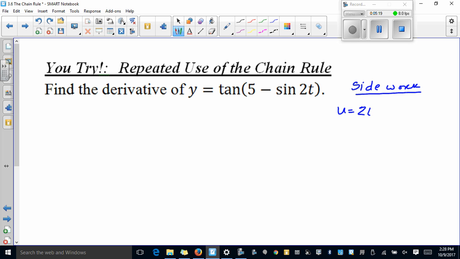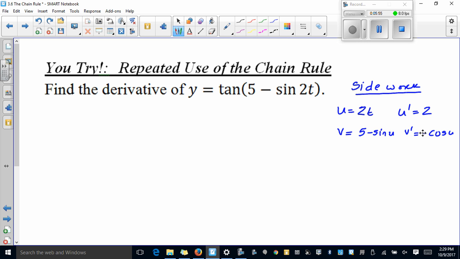So u prime is 2. V is going to be what's inside the parentheses, because this is our main guy, so he's going to be the last one to touch. 5 minus sine of u. Actually, sorry, because we took out the 2t and replaced it with u, so it's going to be u. So v prime, derivative of sine is cosine, so negative cosine at u.